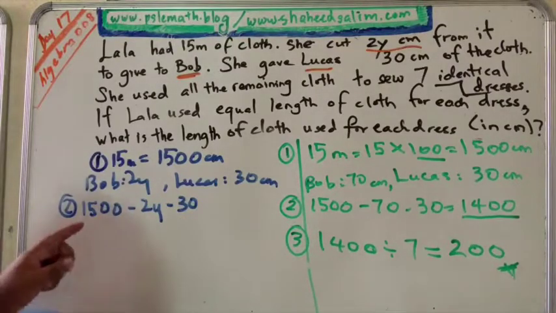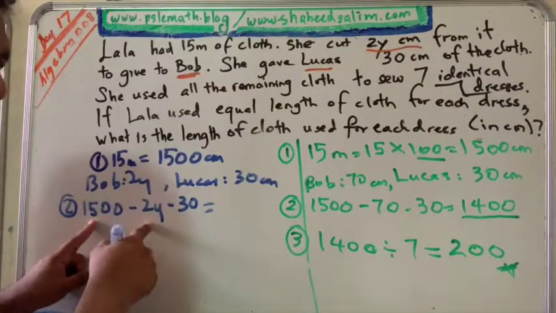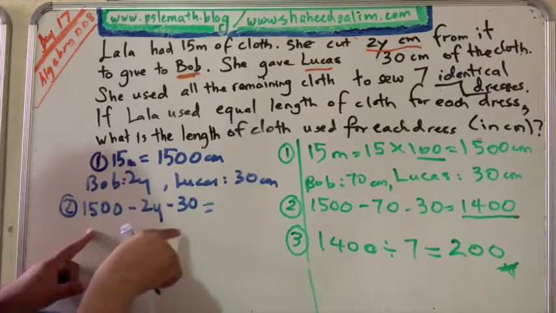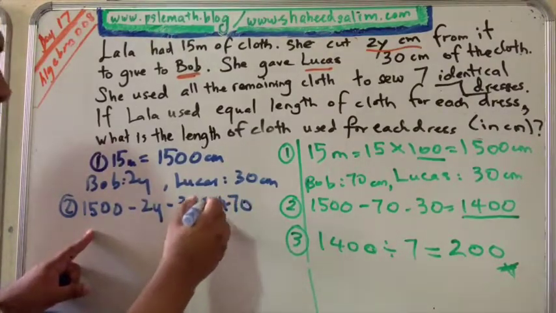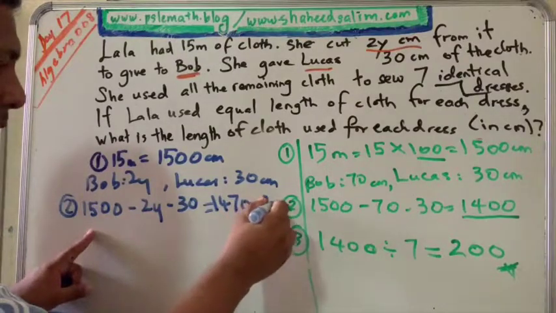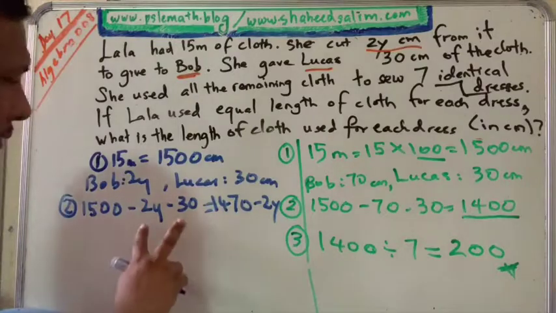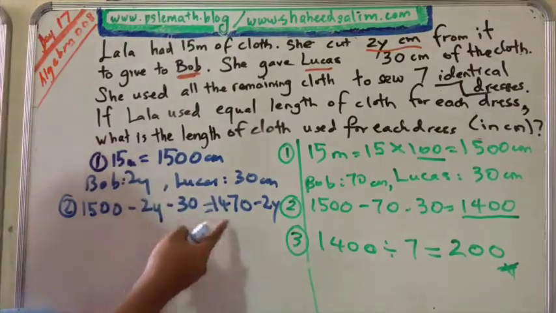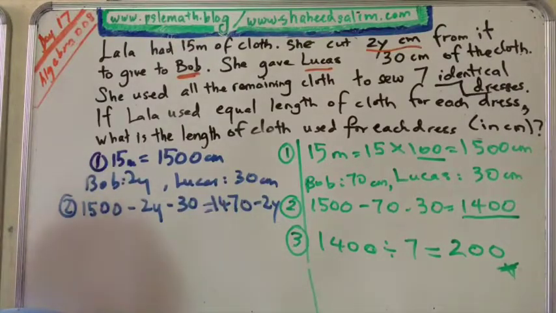So what do you get? 1500 minus 30. You cannot minus 2y, okay, because there's no y here. So you minus 30. 1500 minus 30, you get 1470. And do not forget your minus 2y here. We have just switched places. You minus the 30, you get 1470 and minus 2y.